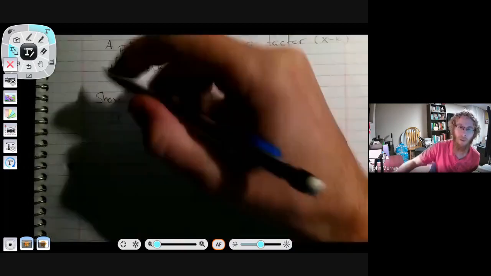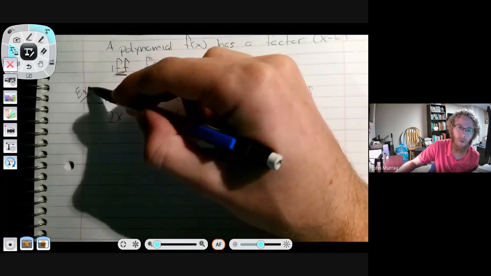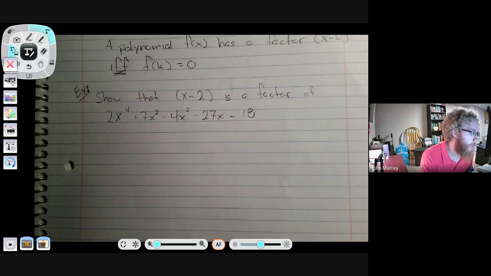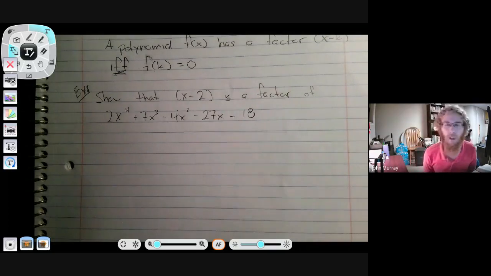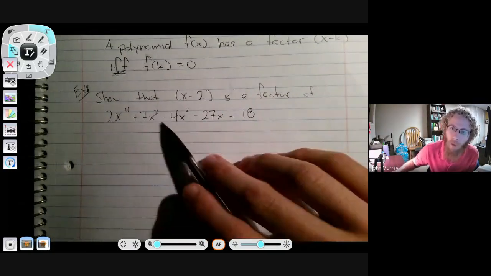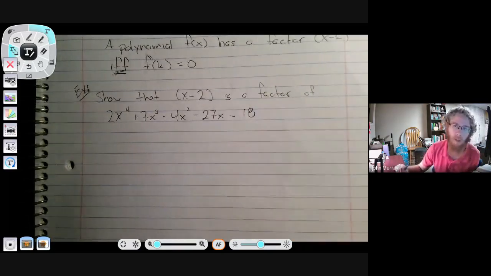Okay, so we're going to show that x minus 2 is a factor of our polynomial here, 2x to the 4th plus 7x cubed minus 4x squared minus 27x minus 18.